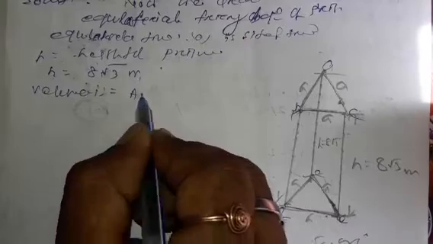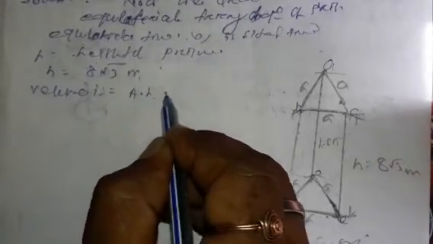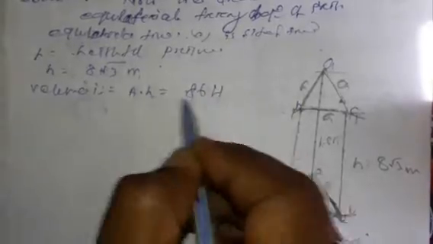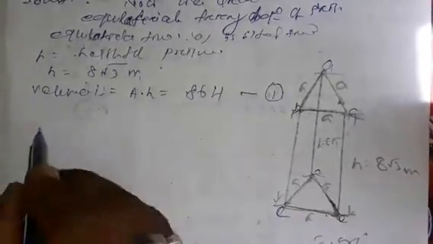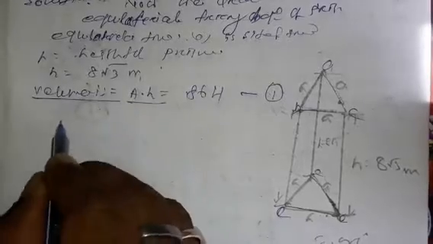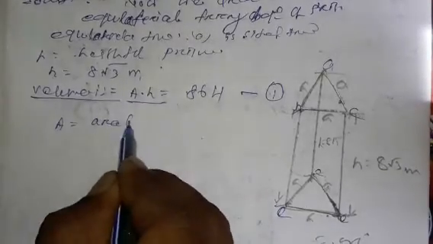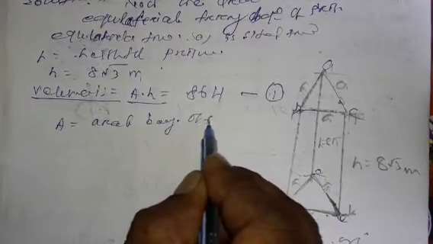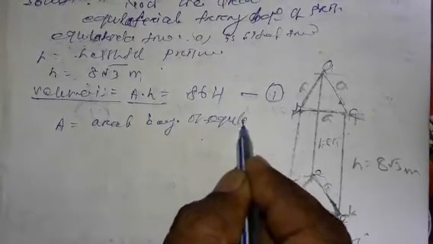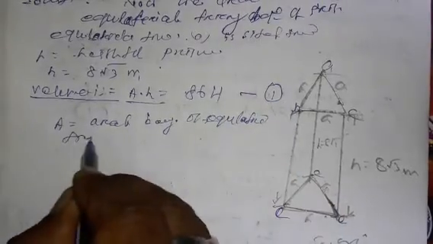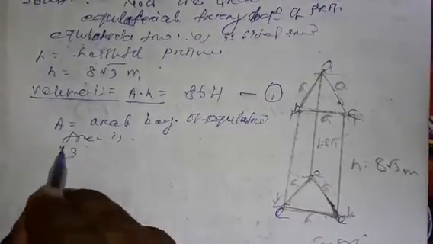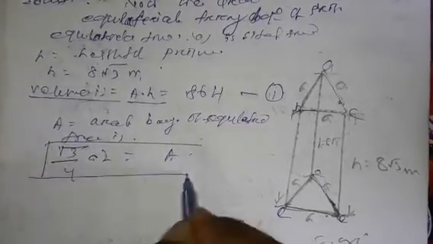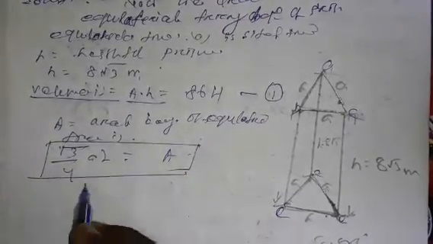We know the volume of a prism is area of base times H, equal to the given 864. So equation 1, and the area of the base of an equilateral triangle is equal to √3 by 4 a square. We know this is the formula.